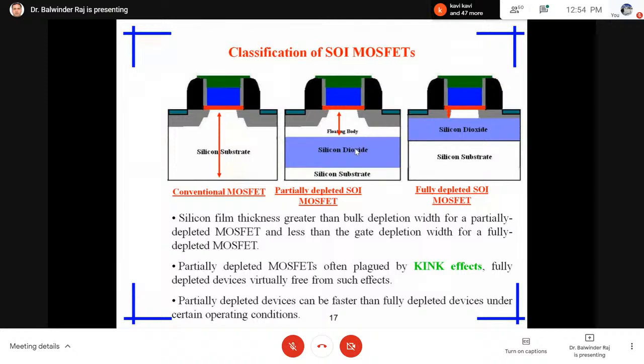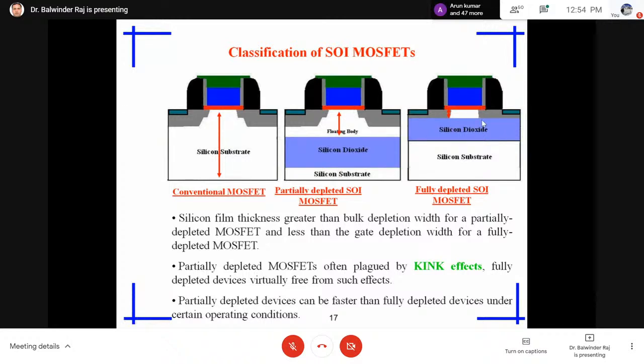Fully depleted SOIs have less speed, but they have their own pros and cons and different applications. If we have to go for low cost at high speed, we go for partially depleted SOI devices.